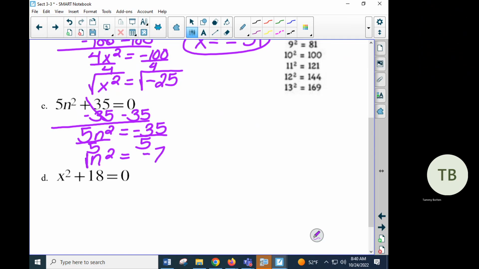Then to get rid of that n squared, you're going to take the square root, and it would be n equals plus or minus. Now, because of that negative, I have to take out an i, but I can't reduce the square root of 7 at all because a perfect square does not go into it. So I would just leave that as square root of 7.